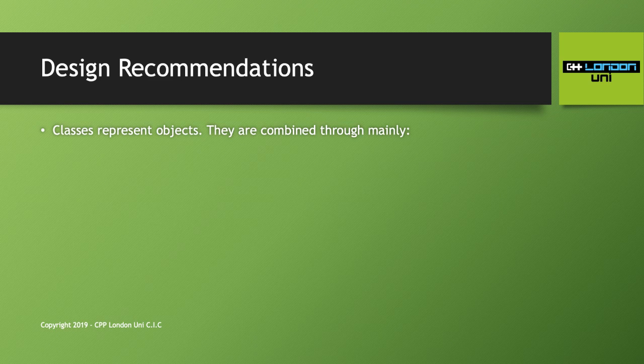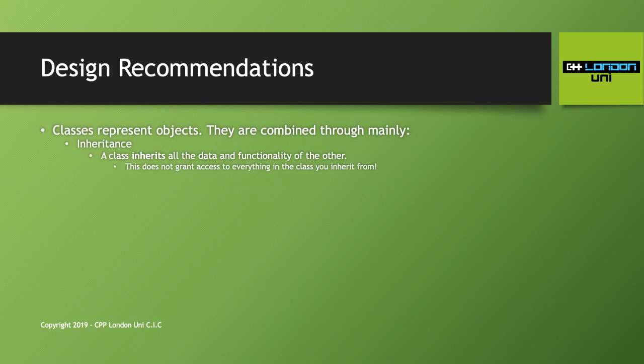Classes represent objects, as I've said before, and they are primarily combined through inheritance. So, a class will inherit all of the data and the functionality of the other class, what we call the base, but I'll get to that in a second. Bear in mind that this does not let you just access everything inside the class you are inheriting from.